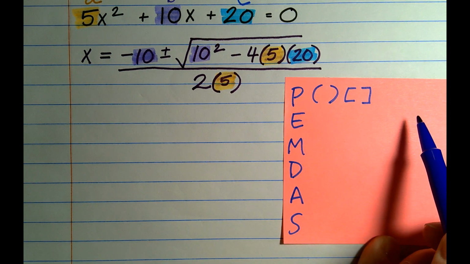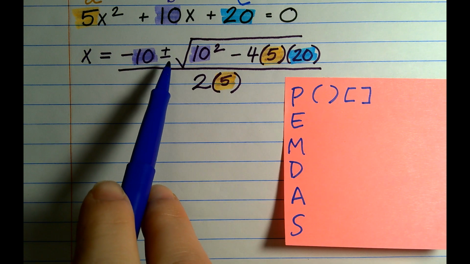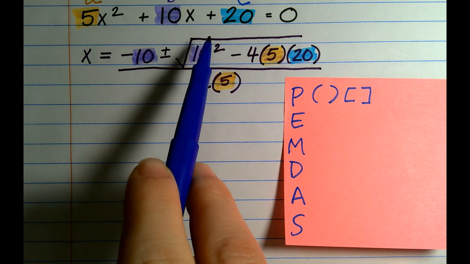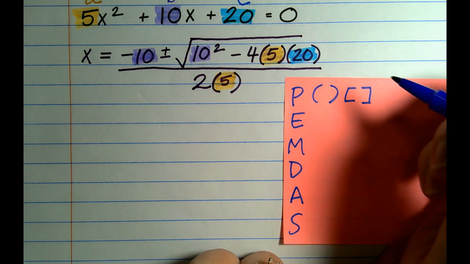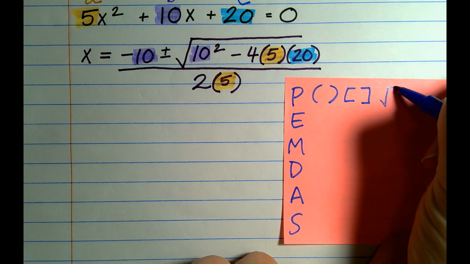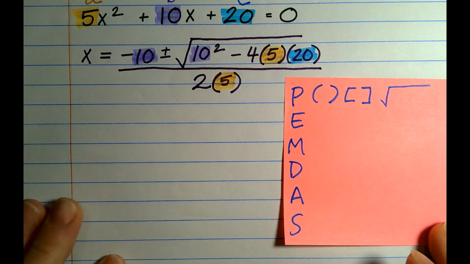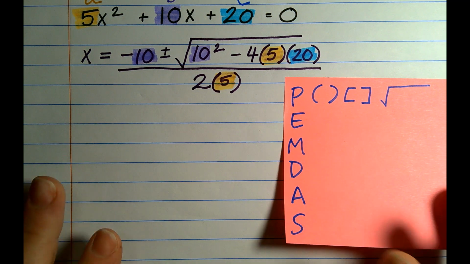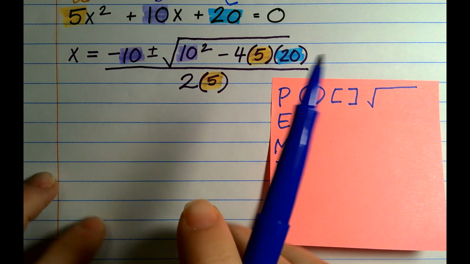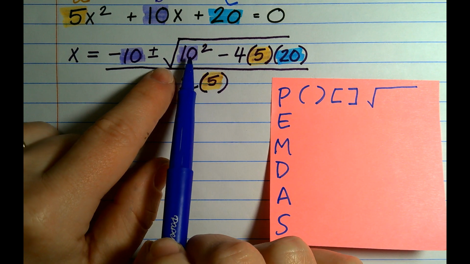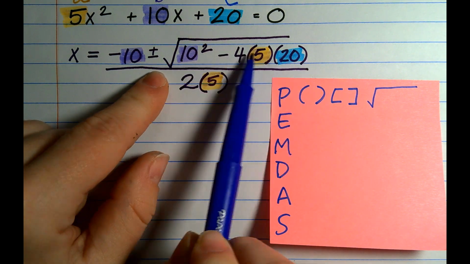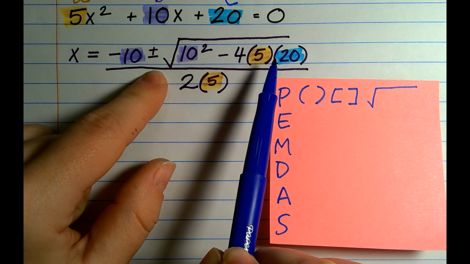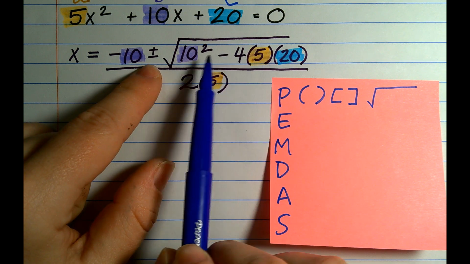That could also be talking about something like a square root. We're going to consider that square root to be like a grouping symbol. So this means we need to do what's under the parentheses first, or under the square root first.